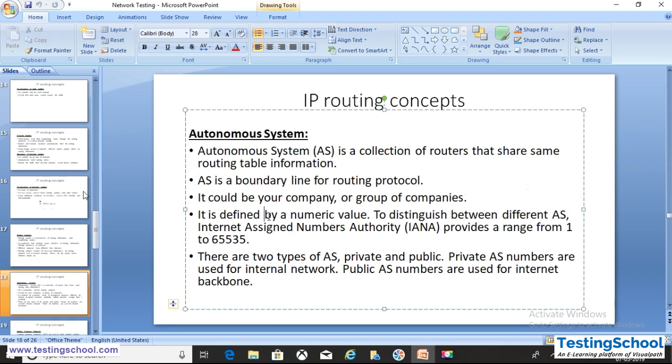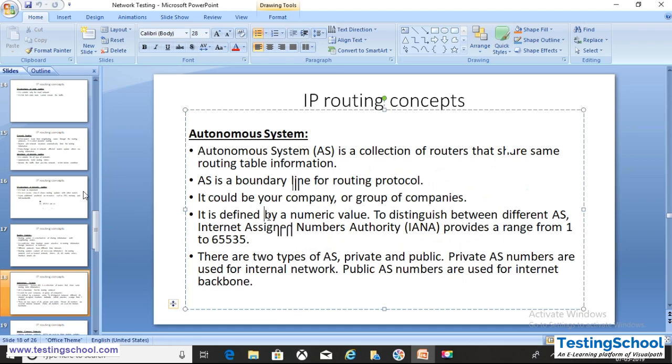Here we can see an example. Suppose this is one company. One IGP is shown in blue, the other in green. One autonomous system is shown as AS 80 in blue, and here AS 50 is shown in green.